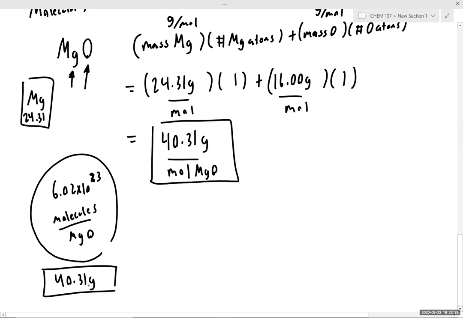So rather than looking at the mass of a single atom, we're looking at the mass of a molecule and the mass of a mole of molecules.